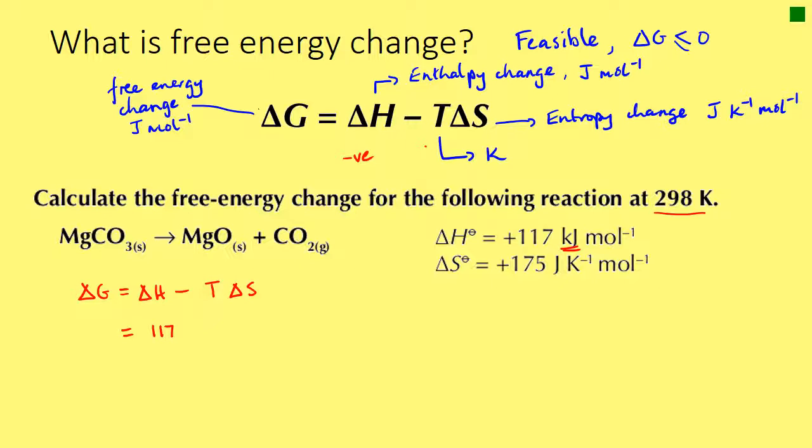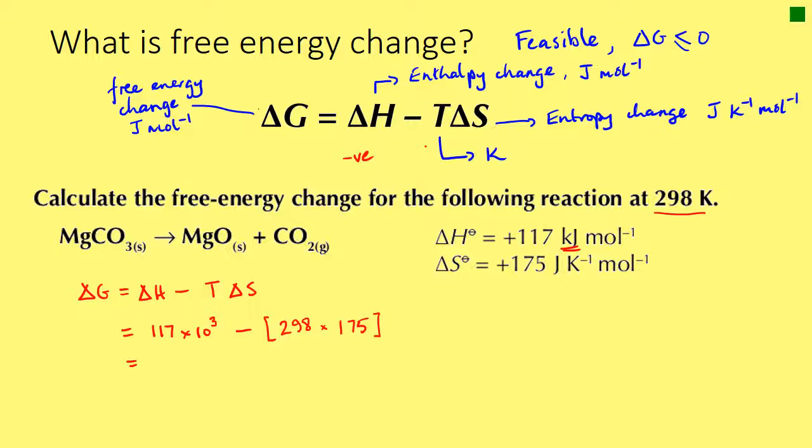So we're going to convert that into joules per mole by multiplying it by 1,000. And then we're going to subtract this term here. Let's give ourselves some square brackets because we're going to put our temperature in first, 298. And that is going to multiply our entropy change, which we're given in the question as 175. It's already in joules per Kelvin per mole.